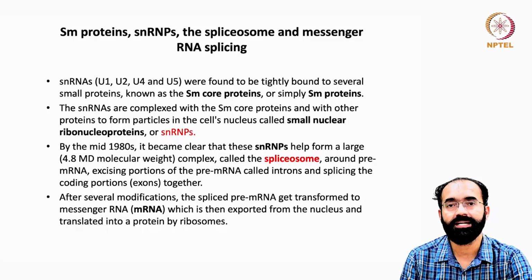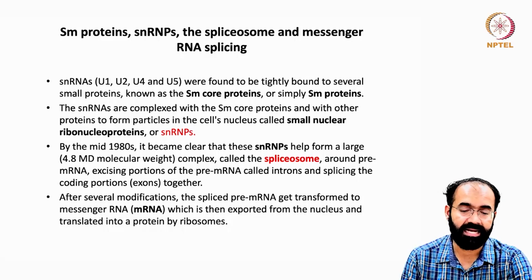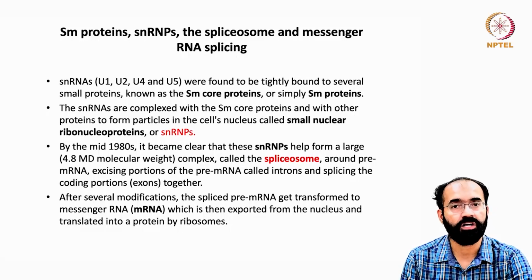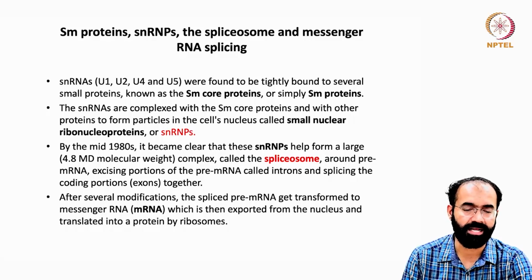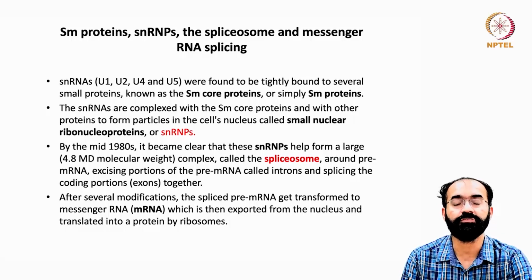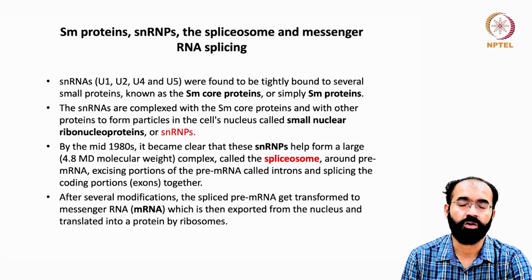By around the mid 1980s, it became very clear to the scientific community that the snRNPs form a large complex, roughly 4.8 megadalton in molecular weight, called the spliceosome, which is associated with the pre-mRNA and helps in excising portions of the pre-mRNA, which are the introns, and in joining the coding sequences, the exons, together.